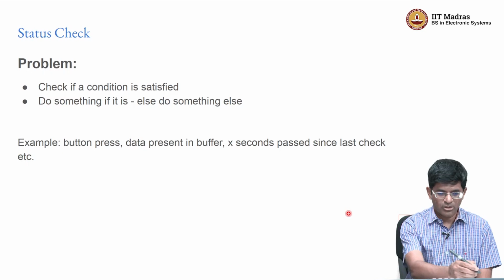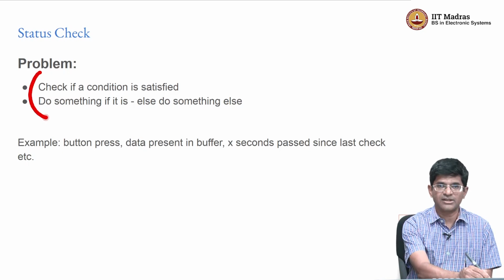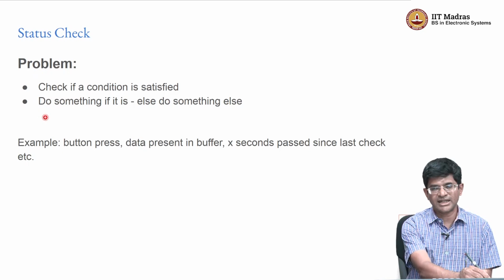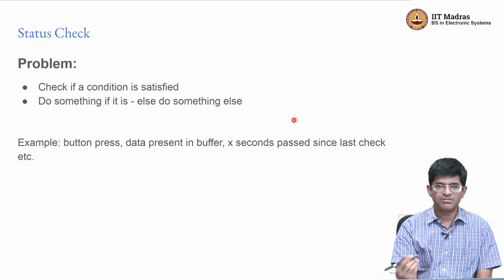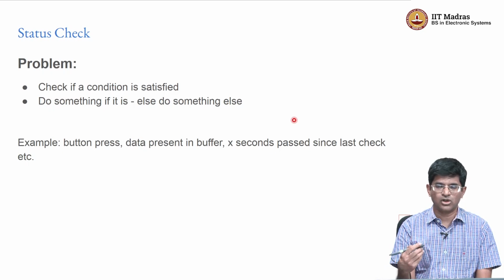This is a very common problem condition that we deal with while designing embedded systems. We have some kind of a condition or a flag or a status register that needs to be monitored, and depending on what the condition is, we need to perform certain functionality.